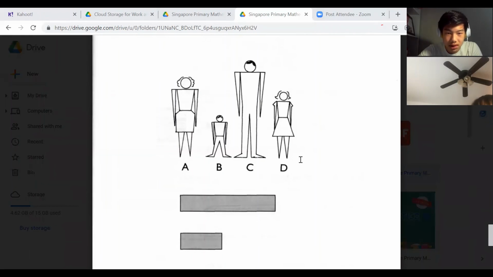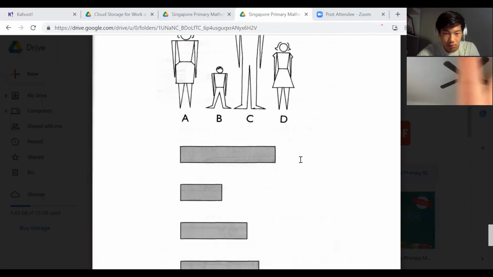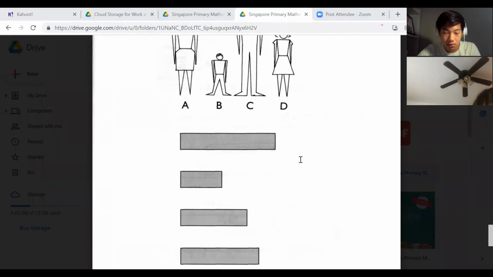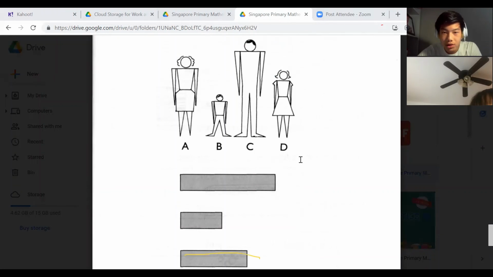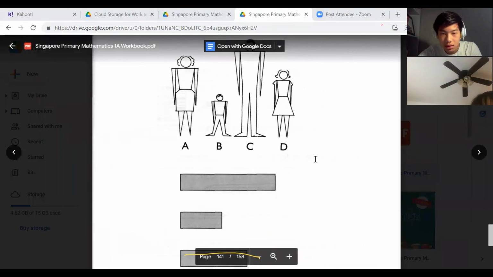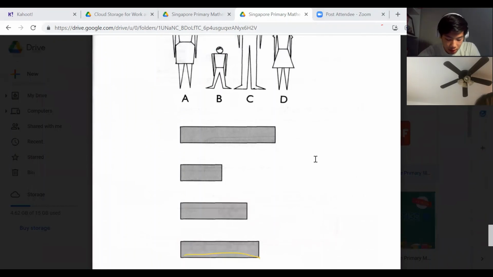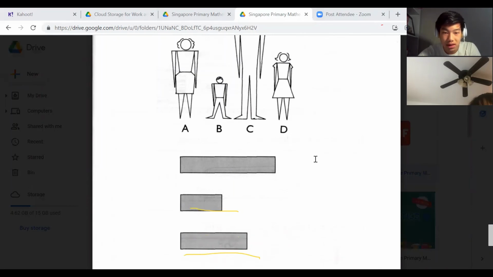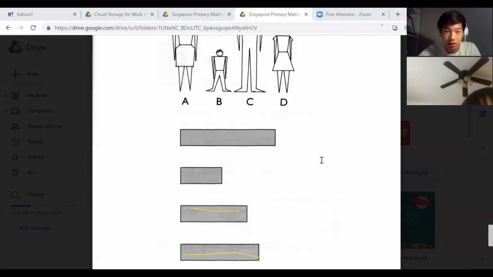This might be difficult to see. That one? Perfect. And which one is the sister? Or D? Nice. Which one is the brother? And the last one is the dad. Nice job.